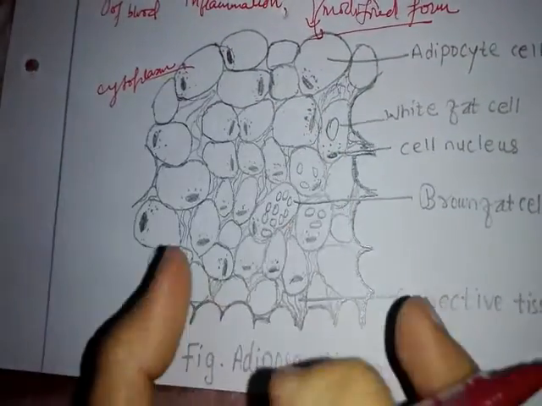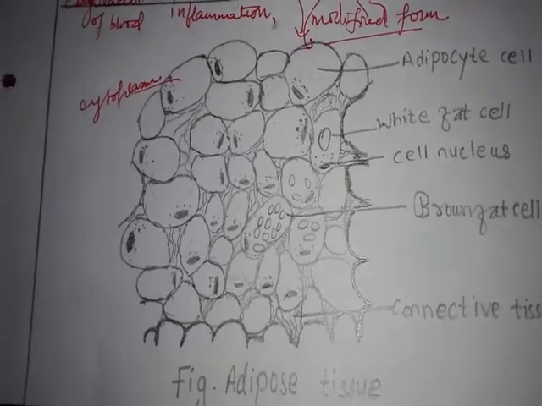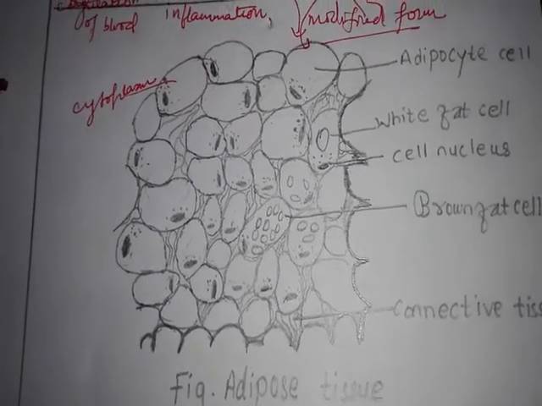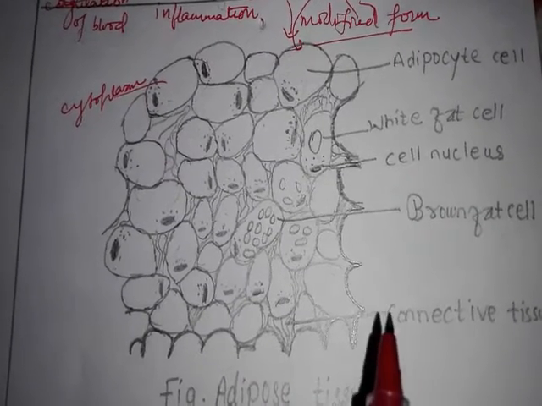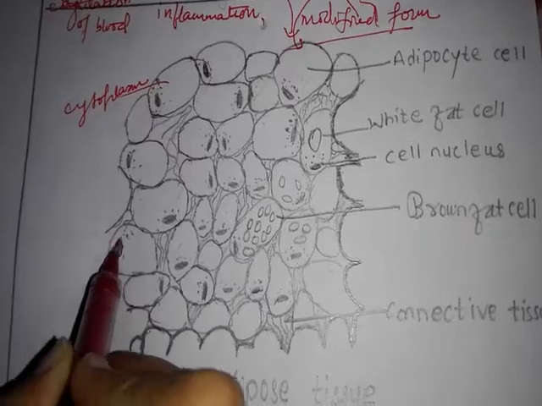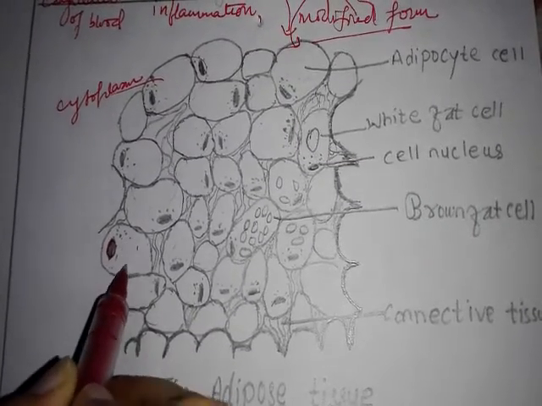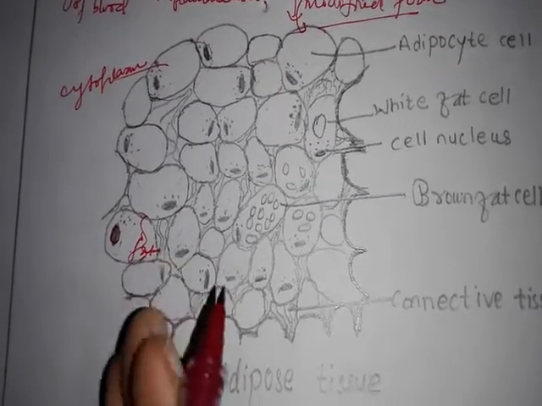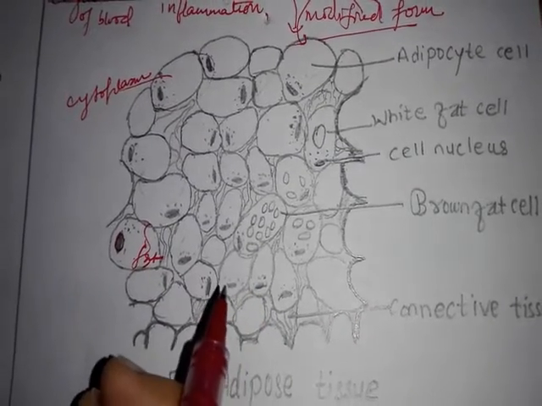Fibers are less in adipose tissue, or may also be absent. The nucleus is at one side of the cell. It is because there is the deposition of a large amount of fat in the cell, due to which the nucleus is pushed to one of the corners in the cell.